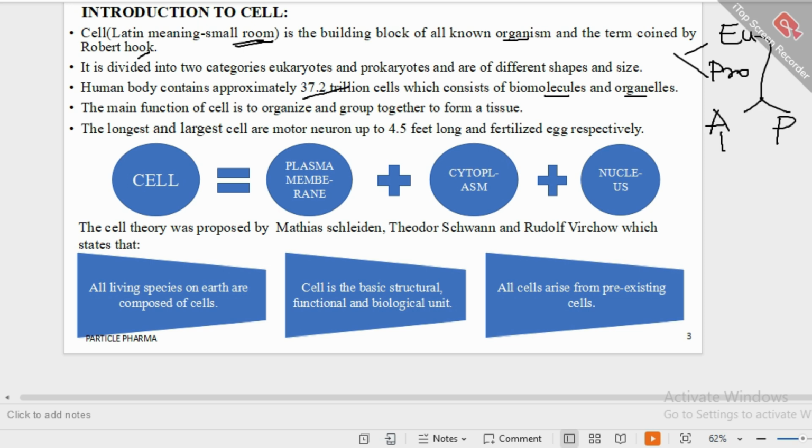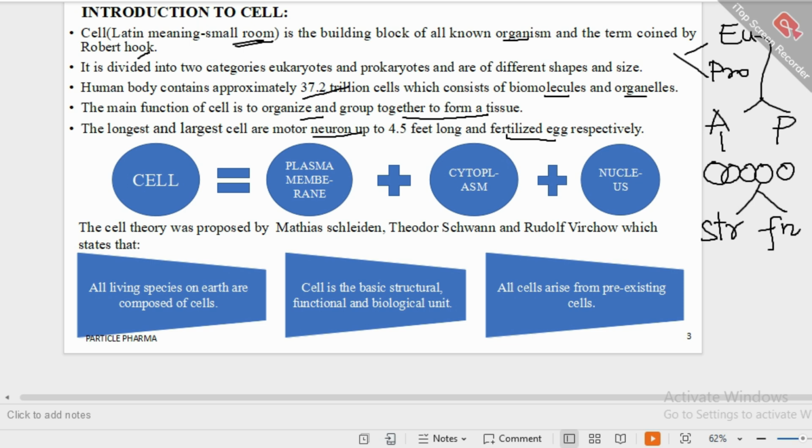Its main function is to organize and group together to form tissue. Tissue has structurally similar or functionally similar cells. The largest cell is the fertilized egg, whereas the longest cell is the motor neuron.